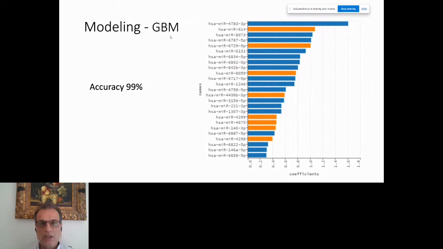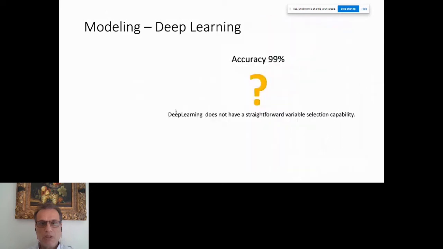This is the gradient boosting machine, like XGBoost, the same family, 99%. This is a top N. This is deep learning, which I don't suggest to be used in this field. The accuracy is 99%, but we don't have any way of finding the top variables.